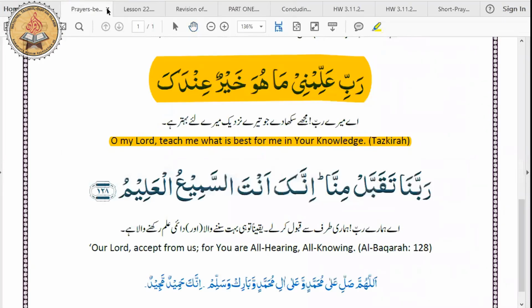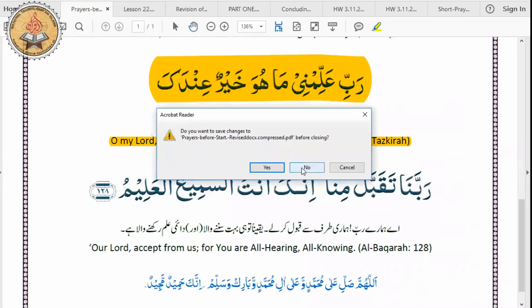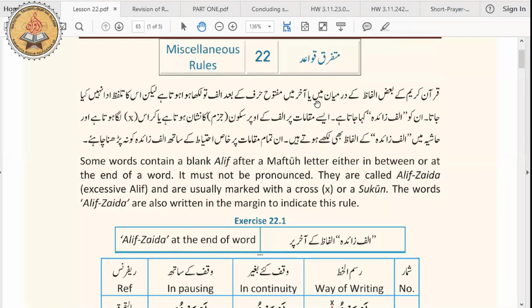Okay, so we'll quickly revise and do the recap of our lesson number 22, which is about miscellaneous rules. And then we apply all these rules in our practice of recitation of the Holy Quran direct from the text of the Holy Quran.